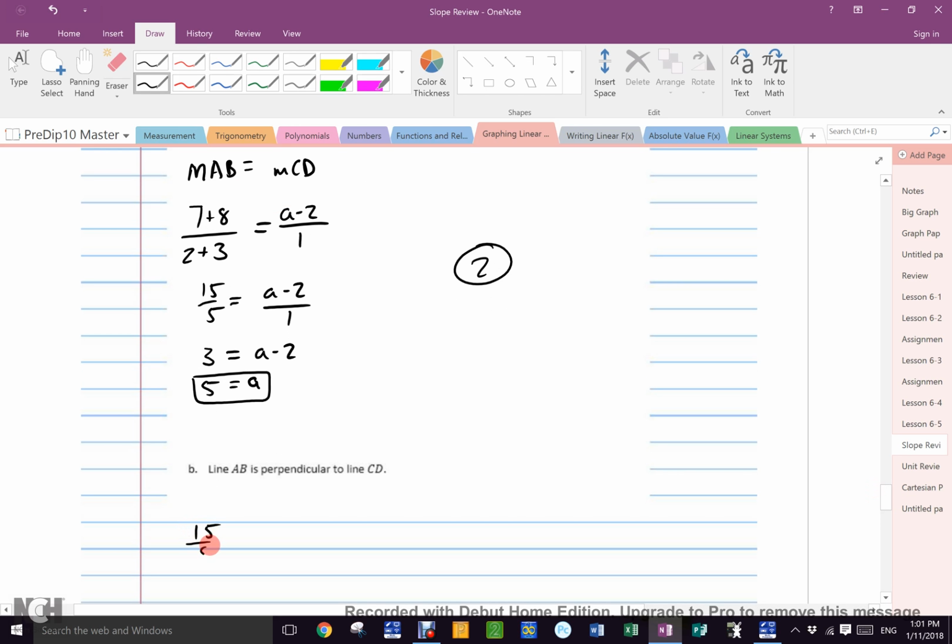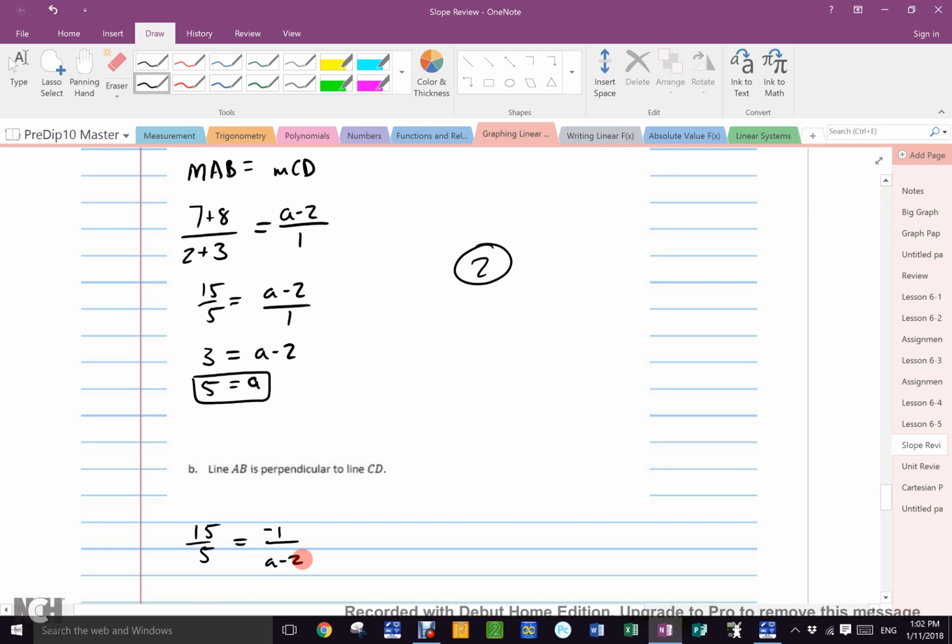If they are perpendicular, then the first slope doesn't change. It's still 15 over 5. But what has to happen to the second slope? I just flipped it, but I didn't put the negative. You have to put a negative, or it's not perpendicular. So I would flip this and make it negative 1 over A minus 2.